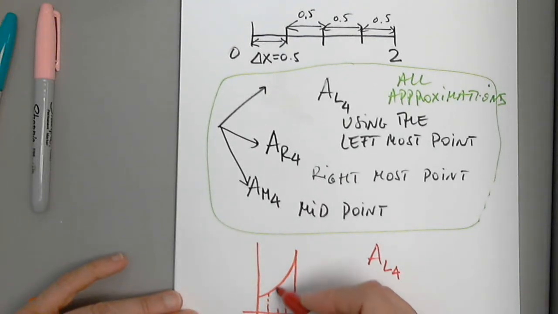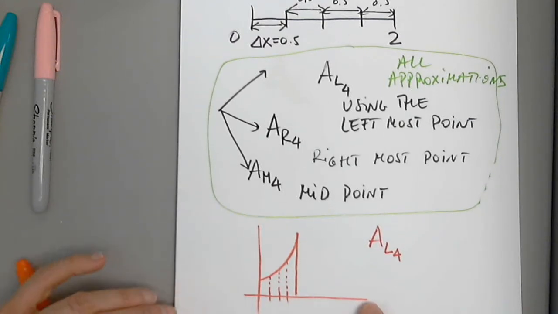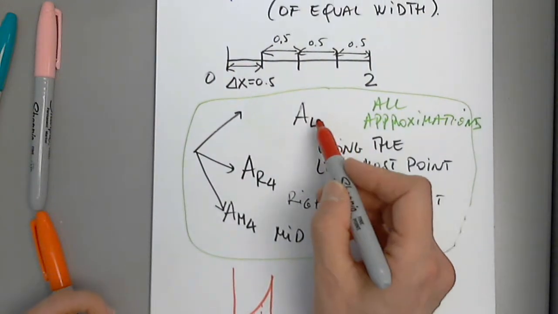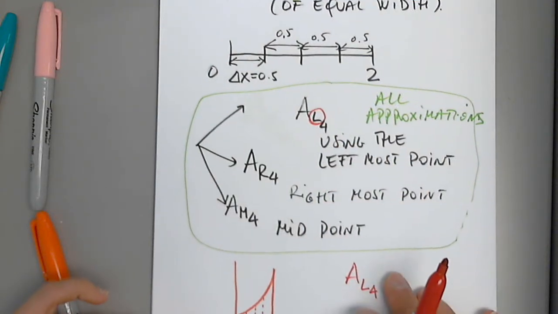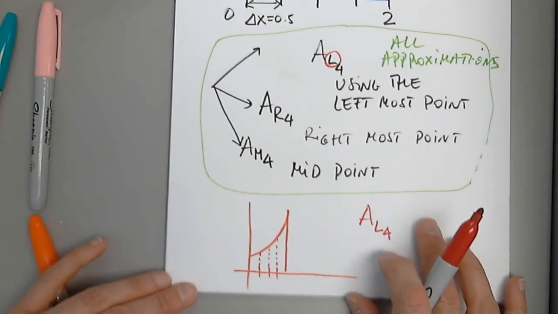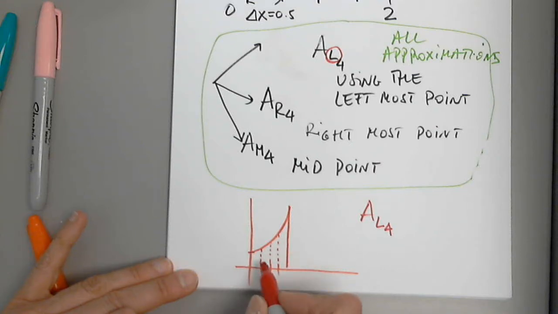So I'm dividing the area using 4 subintervals. And now I'm using the leftmost point. What does that mean? For the height of the subinterval or the rectangle. So here's the leftmost point for the first piece.